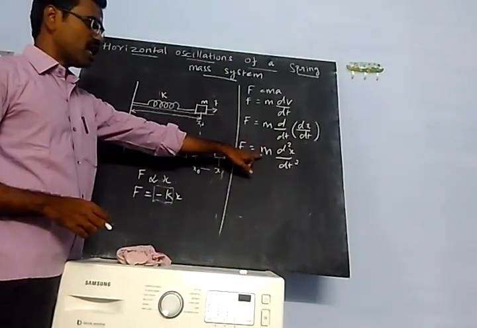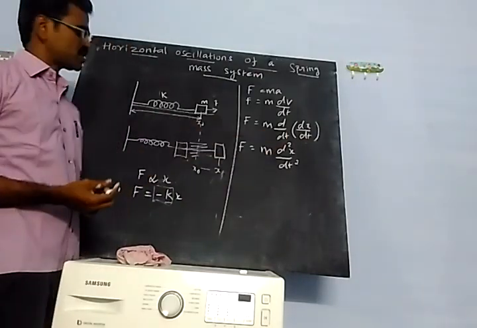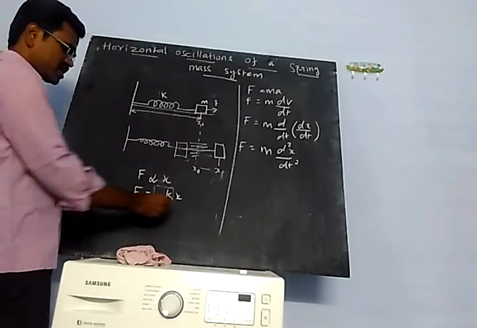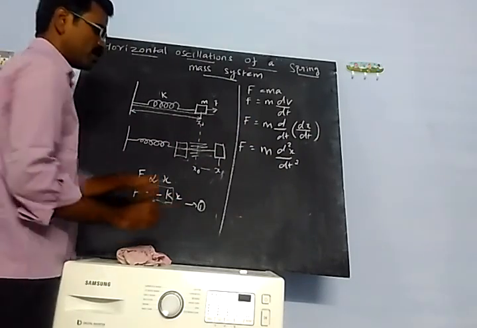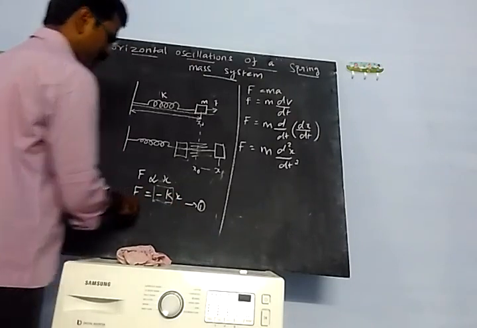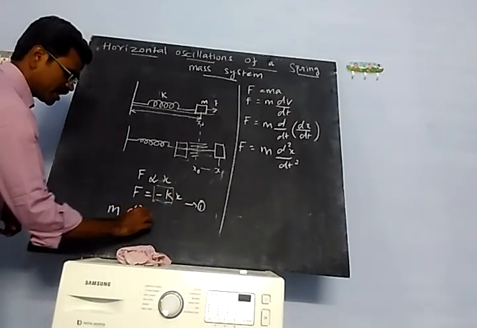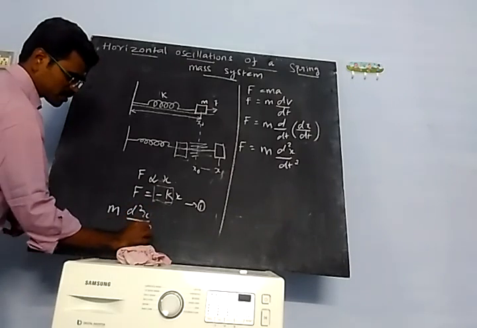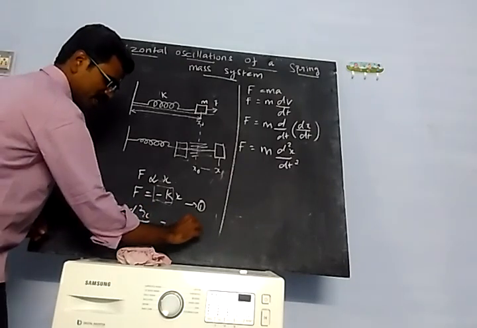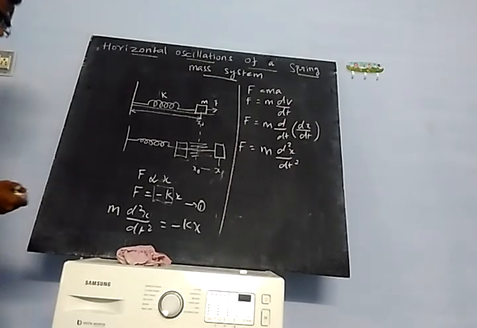Here m is the mass and x is the displacement. This is equation number 1. Then m d squared x by dt squared is equal to minus kx.